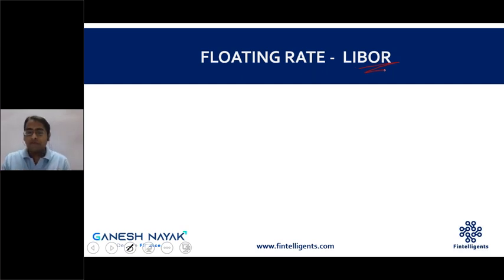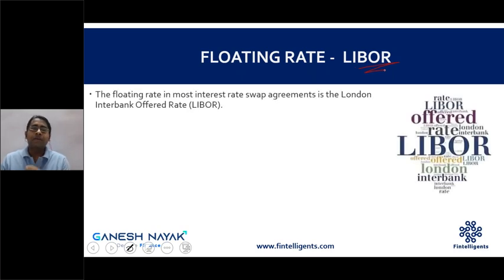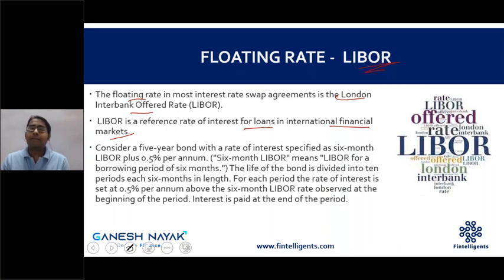So that way you will find the LIBOR rate being available for different maturities. Okay, so the floating rate generally that we see in an interest rate swap is LIBOR. There can be different floating rates also. Okay, LIBOR is used as a reference for a lot of loans in the international finance market. That means you will find floating rate bonds based on LIBOR. Okay, we'll look at one example of a floating rate bond.